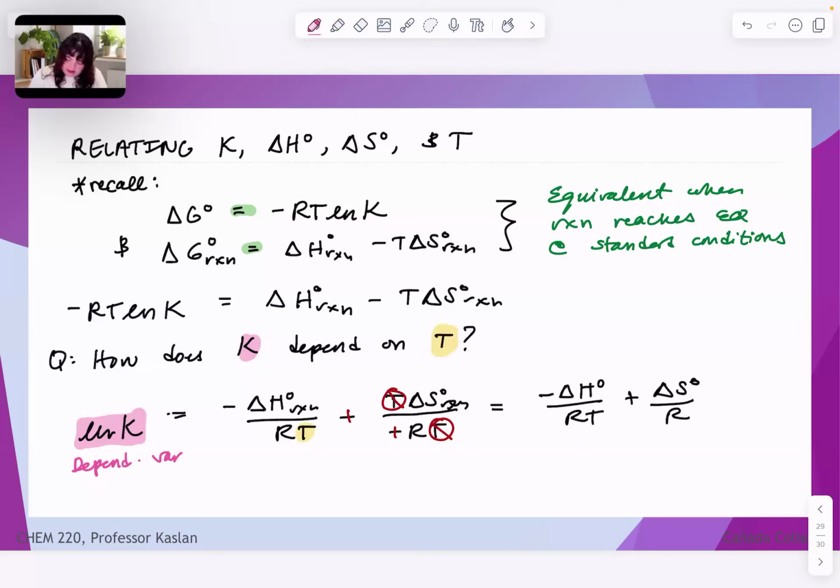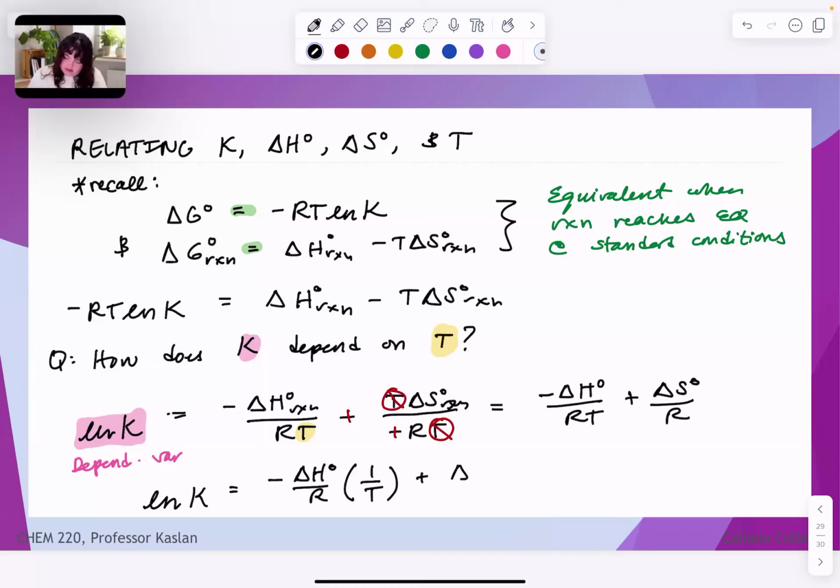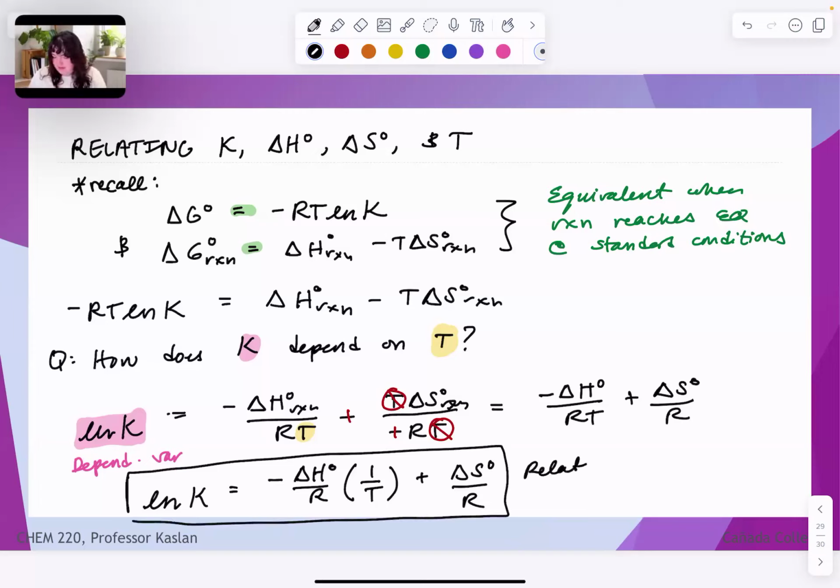So we get then ln of K is equal to negative delta H over R times 1 over T, where this inverse temperature, 1 over T, is just T pulled out of the denominator, plus delta S over R. And this is the equation that relates the equilibrium constant to temperature and other thermodynamic data.